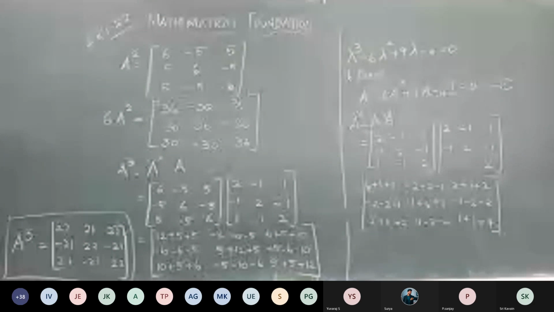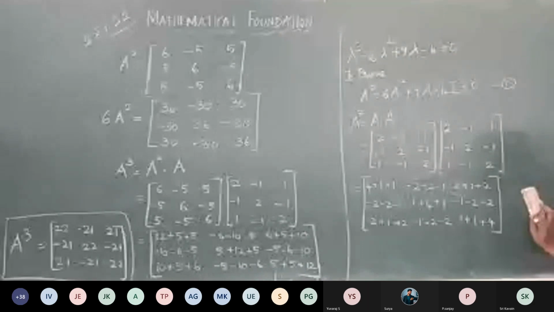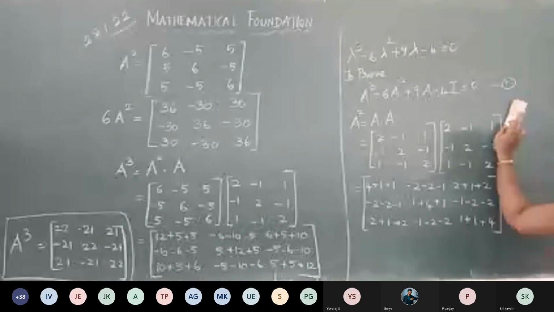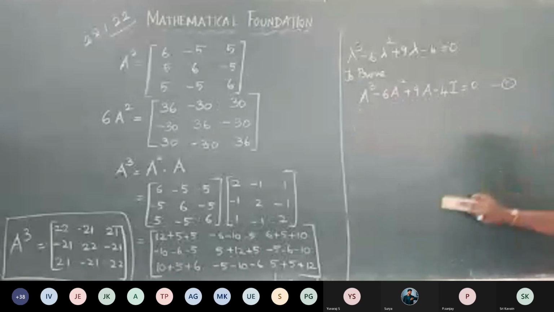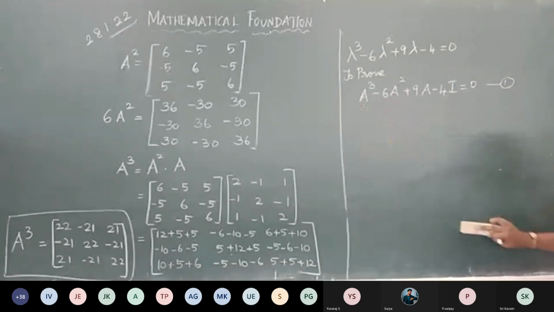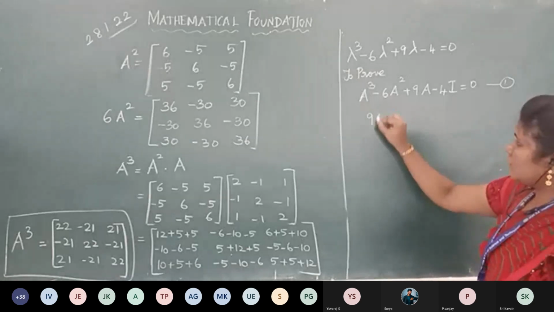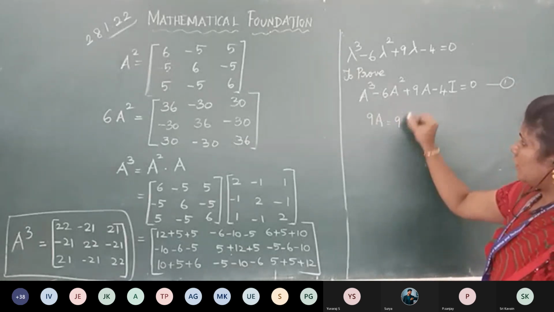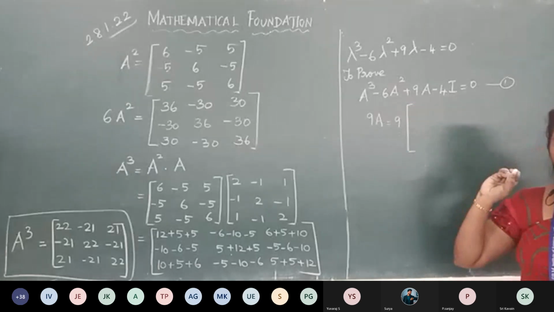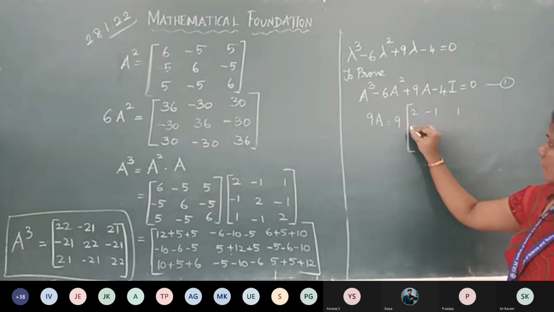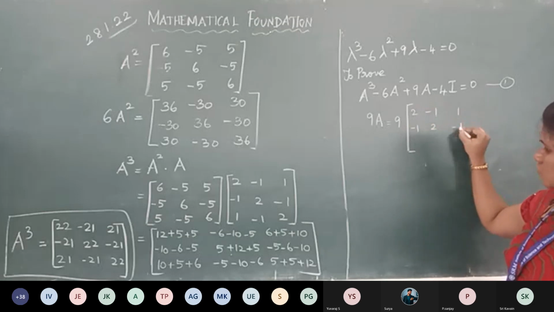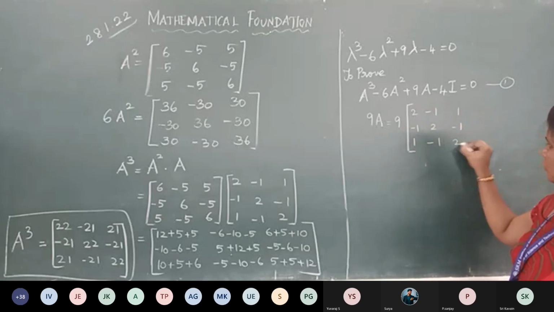We will find out your 9A and 4I. So 9A is nothing but you will multiply 9 into your A matrix. Your A matrix is 2, minus 1, 1, minus 1, 2, minus 1, 1, minus 1, 2.